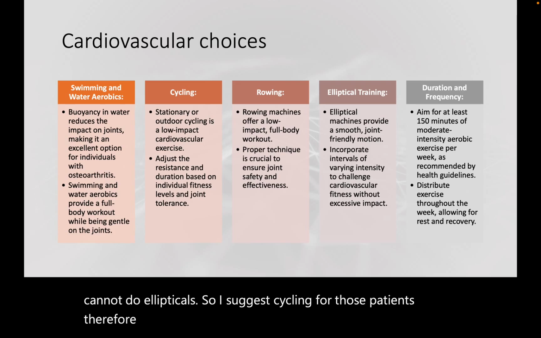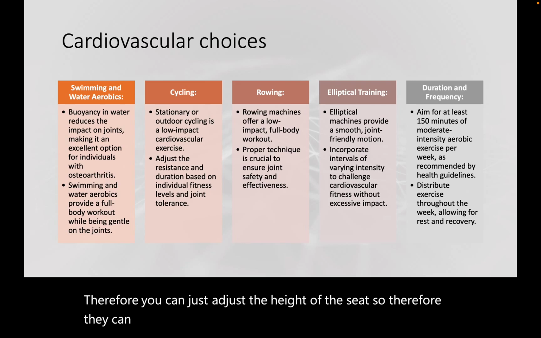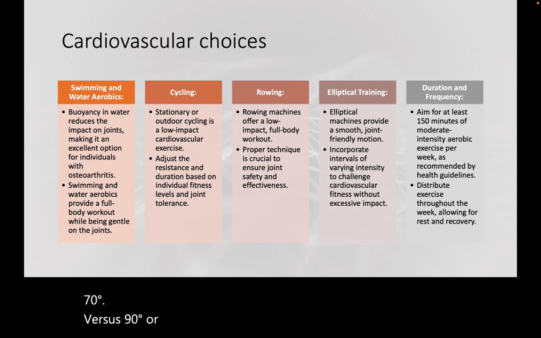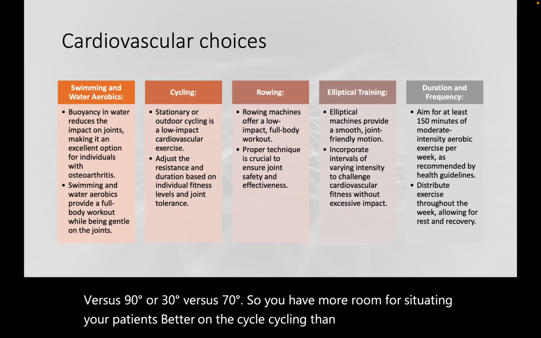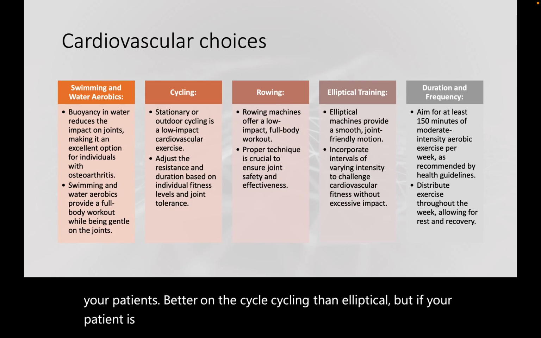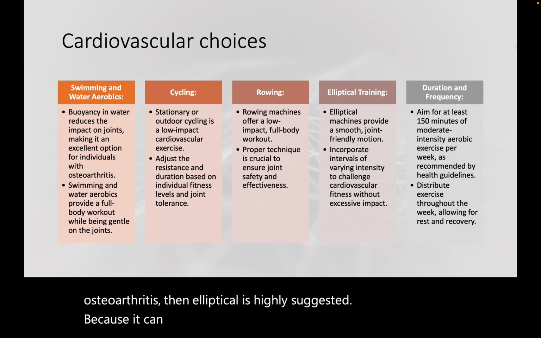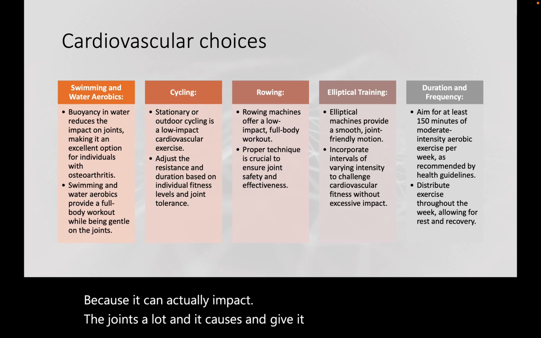You can adjust the height of the seat so they can maybe only bend their knee to about 70 degrees versus 90 degrees, or 30 degrees versus 70 degrees. So you have more room for situating your patients better on the cycle than the elliptical. But if your patient is at the earliest stage or even the moderate stage of osteoarthritis, then the elliptical is highly suggested because it can give a lot of good benefits.